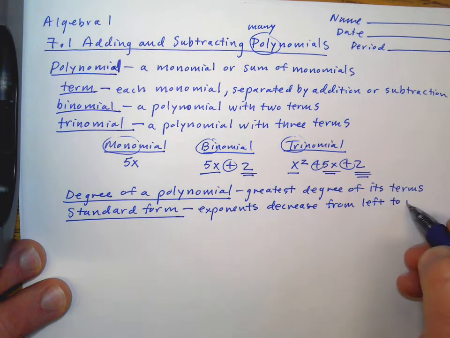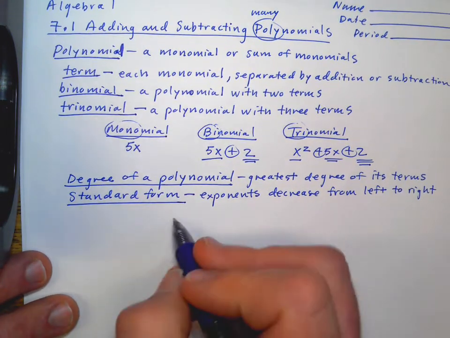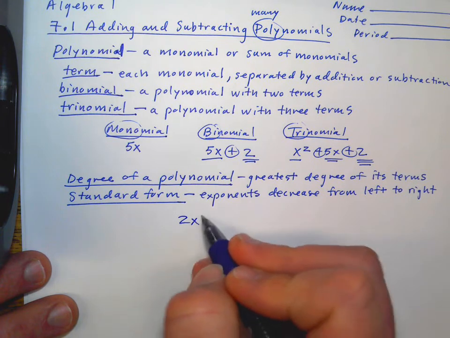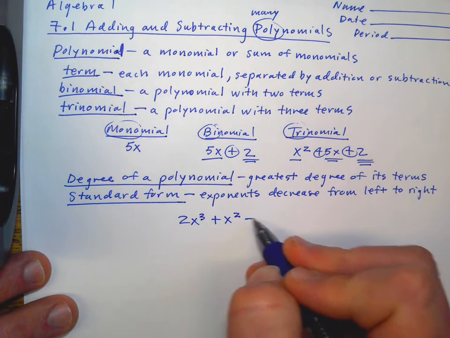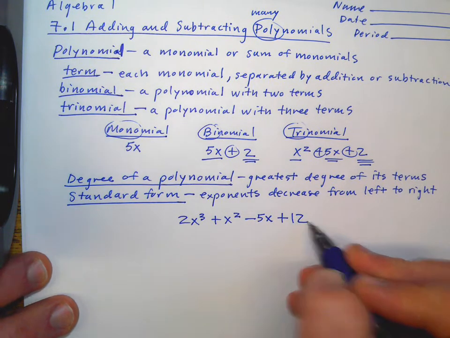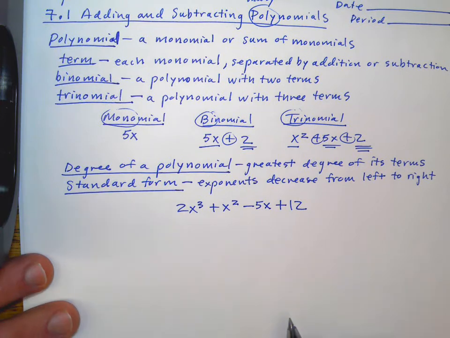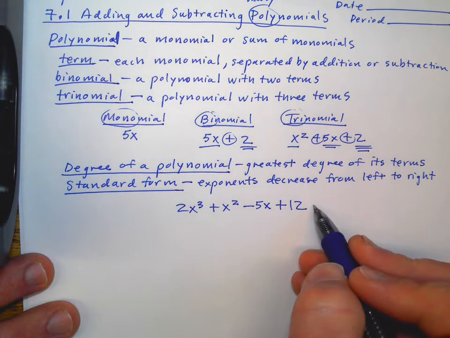So that means they're going from biggest to smallest. Okay? So here's an example of a polynomial. 2x cubed plus x squared minus 5x plus 12. Okay? So that's a polynomial. It's in standard form because it's going from the highest power down to the lowest power.